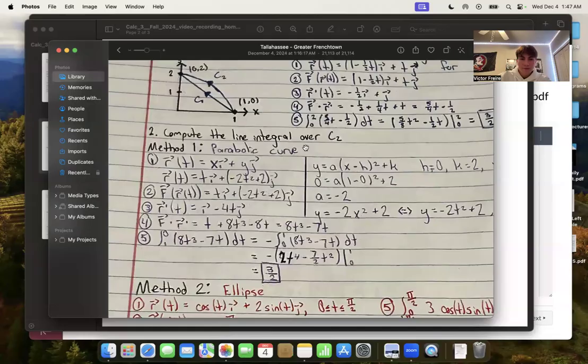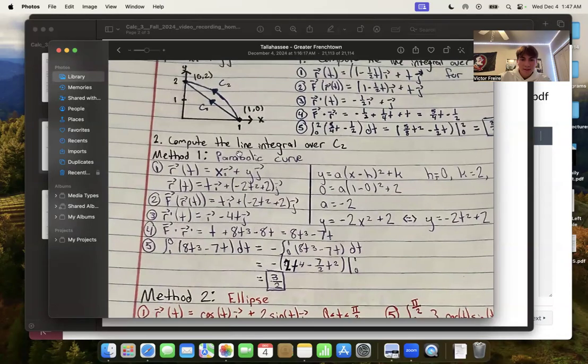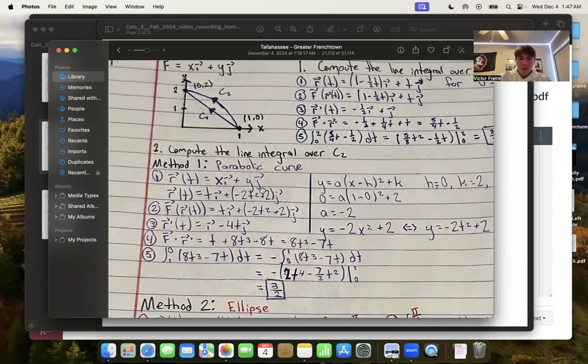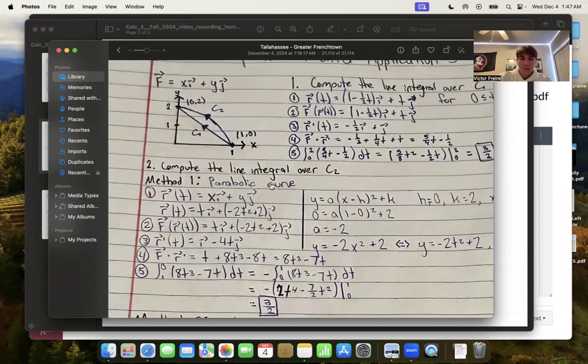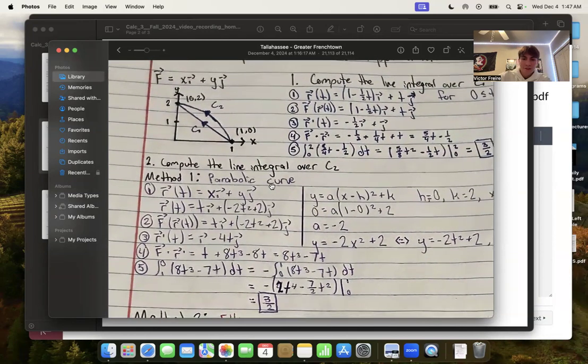All right. So the way I did this, right? We know that the position vector r(t) is going to have an x component and a y component, right? The issue is, how do we find these x and y components? So I started by just using the vertex form of a parabola, right?